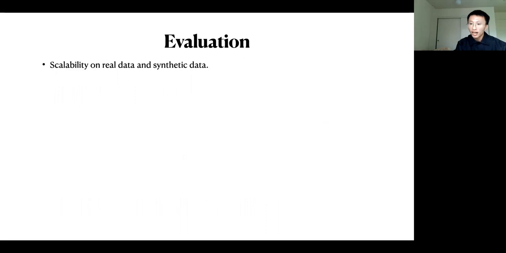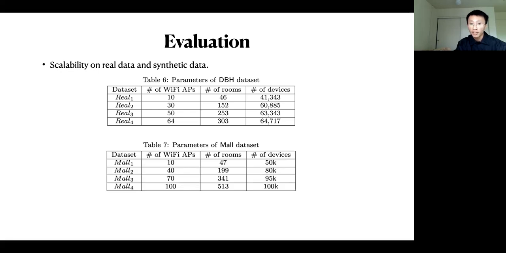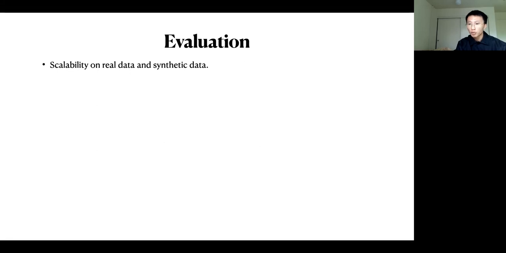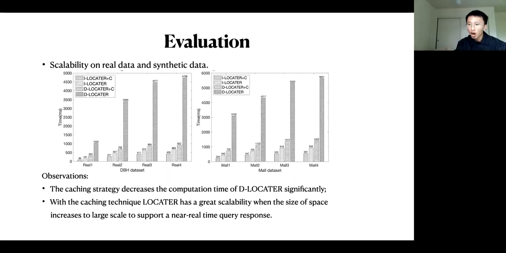For the last experiments, we tested the scalability of locator. We select subspaces of the DBH building and use these 3 parameters to control the size of the subspace. We also do it for the simulated data set, which is the mall. We plot the average running time per query on both real and synthetic data sets for combinations of techniques.